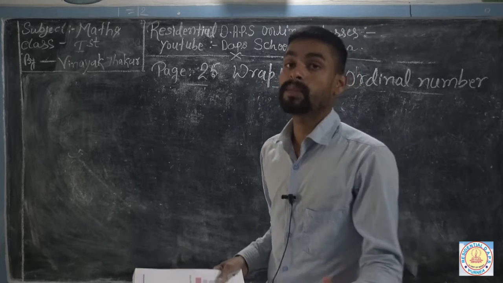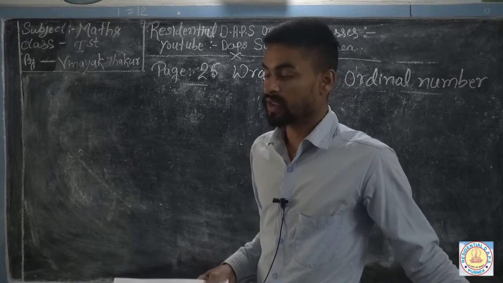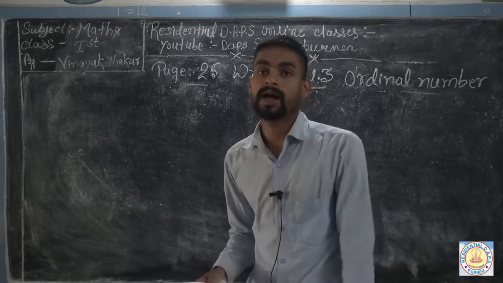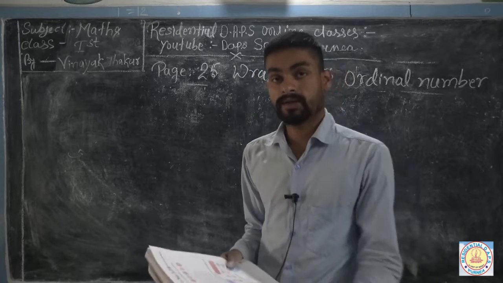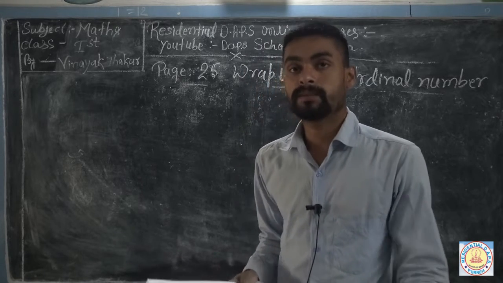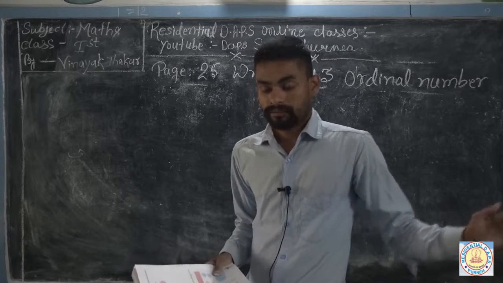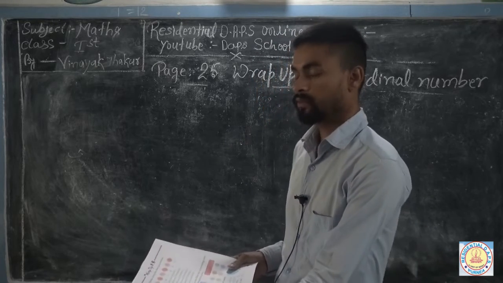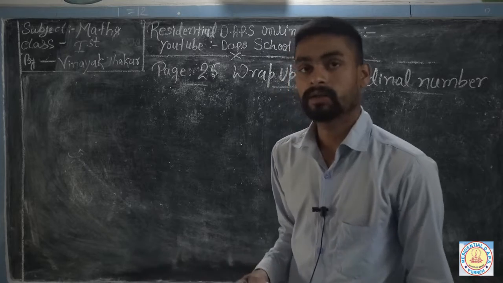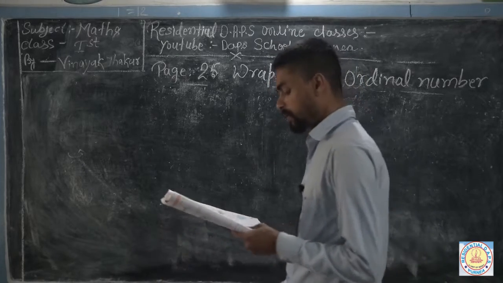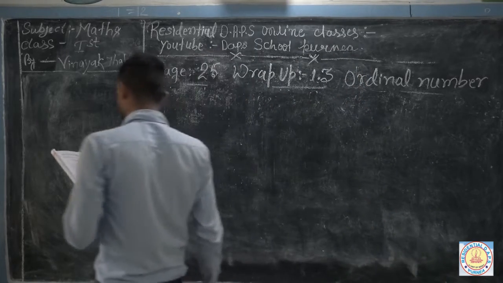You also know what ascending order is. It means the numbers put from smallest to largest, called increasing or ascending order. The numbers from largest to smallest are descending order.